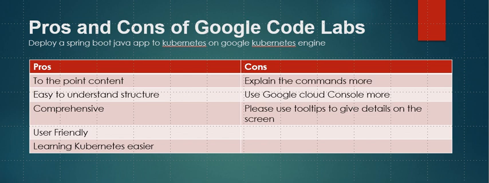The third pro was comprehensive. This Codelab was very comprehensive. By that I mean we have covered a lot of ground today. We created a Spring Boot application, we ran it locally, then we ran it in a Docker container, containerized the application, and then created a cluster, and then deployed our containerized application into Google's Kubernetes Engine.